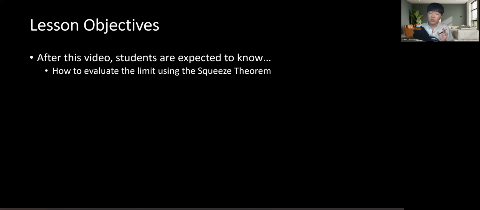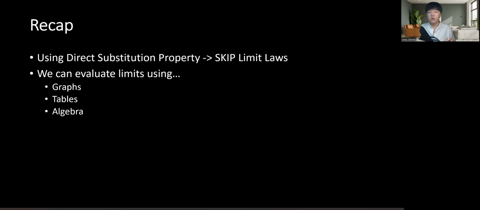But before we actually start with the squeeze theorem, let's go over what we learned in the last lecture, because it is pretty relevant to what we're going to do today, okay? In the last lecture video on evaluating limits, we used the direct substitution property.